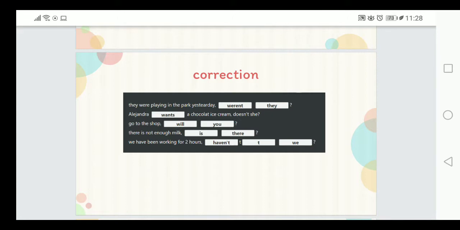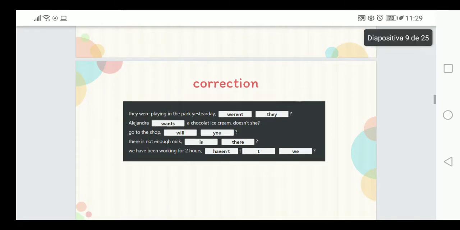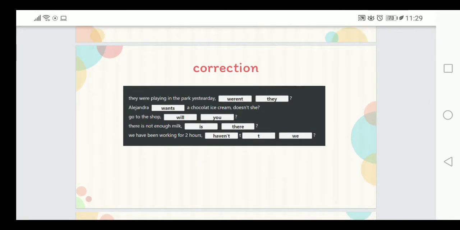Alejandra wants a chocolate ice cream, doesn't she? This is a simple present, so wants with the s for the simple present in the third person. Go to the shop, will you? This is an imperative sentence, so you need to use will you. There is not enough milk, is there?